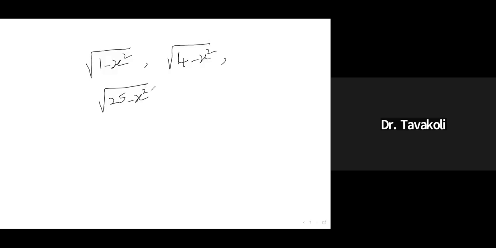Or in general, we might see somewhere in the function the term radical of a squared minus x squared. For these kinds of functions that have a term like this, there is a very helpful substitution that we are going to work on today.